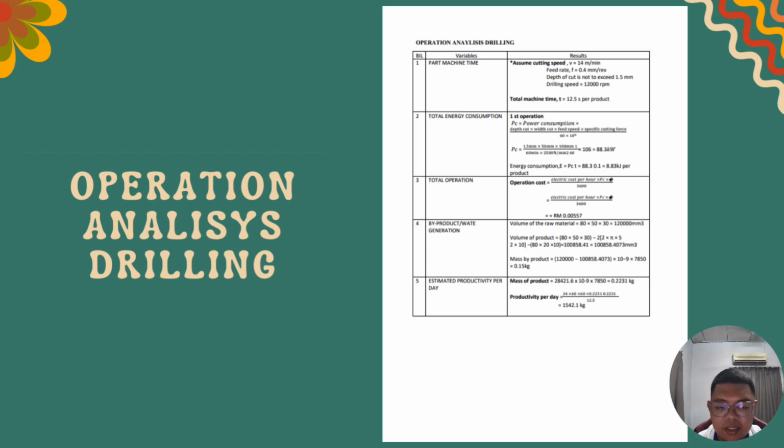And the last one is estimated productivity per day. The mass of product is 0.2231 kilogram, and the productivity per day is 1552.1 kilogram.